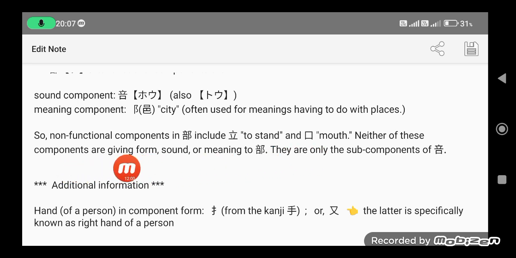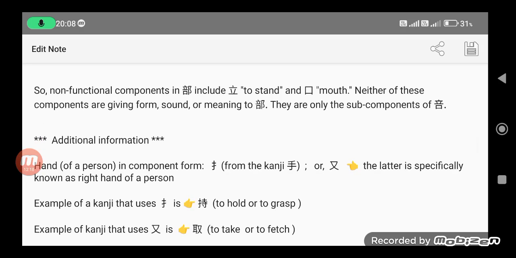They are neither form component, nor sound component, nor meaning component. These two are only subcomponents of this radical. So let me give further elucidation on the form component or form radical, meaning component, sound component, and empty component.